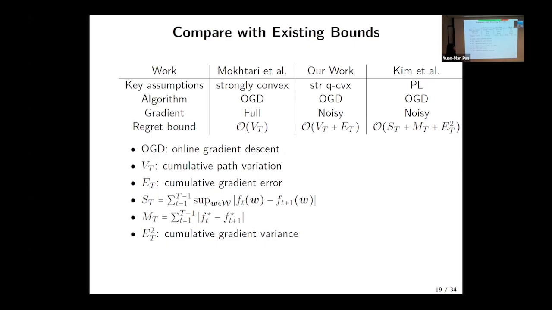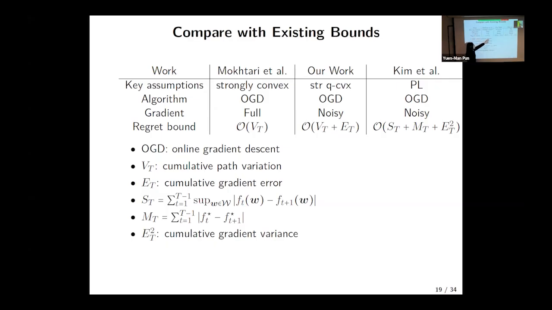And let's compare with some existing bounds. In Molteri's work, they assume strong convexity. In our work, we assume strong Quasar-Convexity, which is weaker than strong convexity. And in Kim's work, they assume Polyak-Lojasiewicz, which is even weaker than strong Quasar-Convexity. All of our works use online gradient descent.